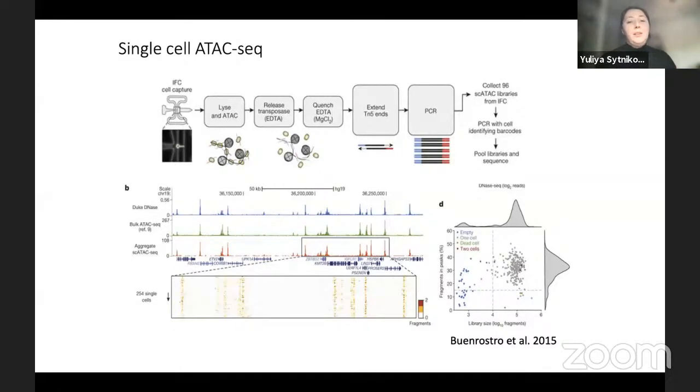So in that way, the signal is pretty sparse. Technically, besides PCR duplicates from each cell, you get basically 2 DNAs with different cut sites. And in that way, it's pretty difficult to analyze for one single cell.